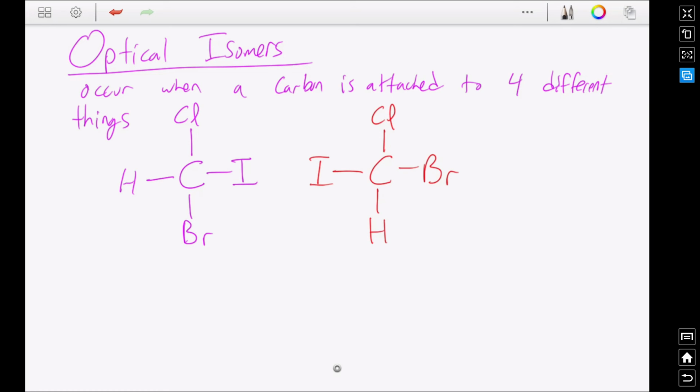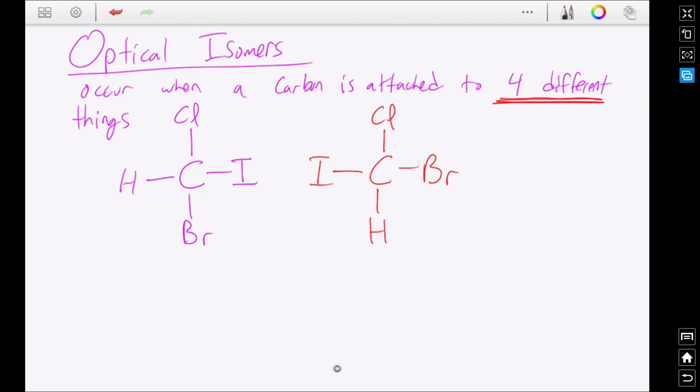But there's really no way to tell them apart other than drawing the structure. Their formulas will be exactly the same, and they will actually have the exact same name as well. It's just a matter of making sure that when you make the compound, you make it in the form that you want to make it. Okay. That's kind of all I really have to say about optical isomers. A reminder again that this can only occur if the carbon is attached to 4 different things.